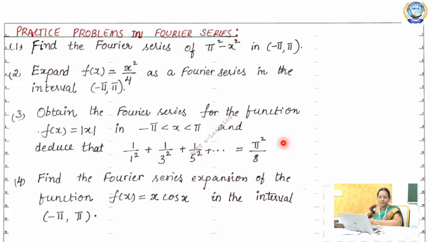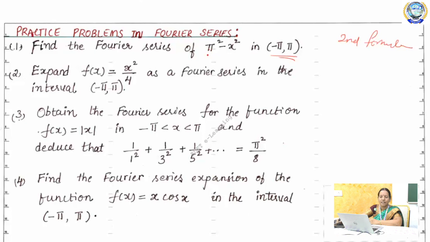I am giving you some practice problems on this concept. Please do them yourself. I am just giving you some hints to solve these problems. Now, let us see the first practice problem. Find the Fourier series of pi square minus x square in minus pi comma plus pi. Here the interval is minus pi comma plus pi. So, we have to use the second formula and check the condition.